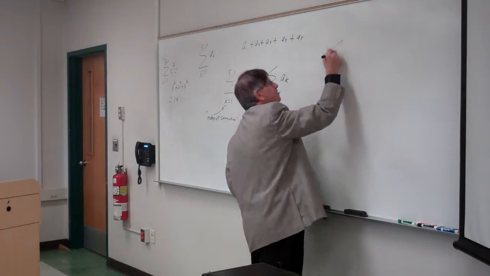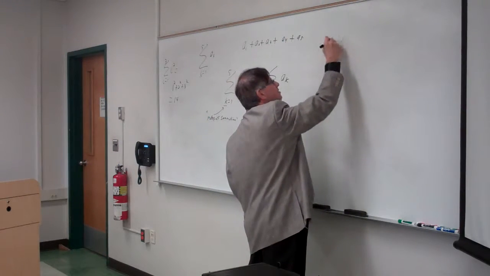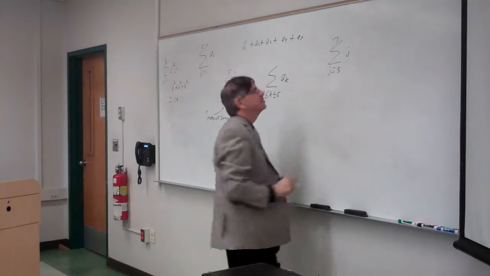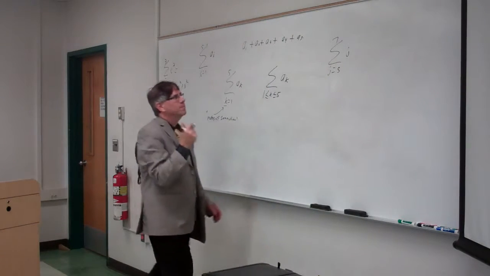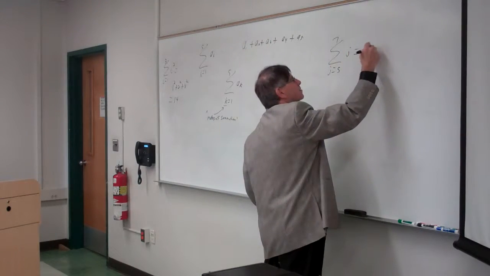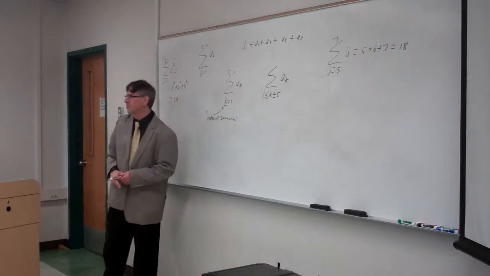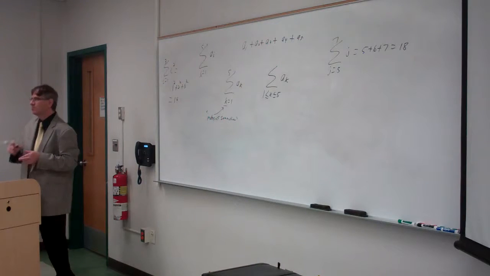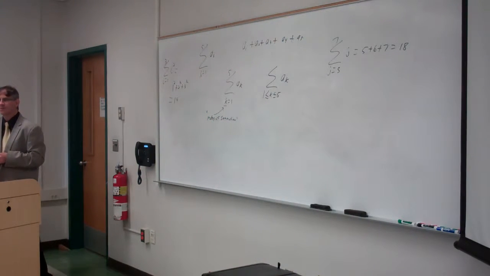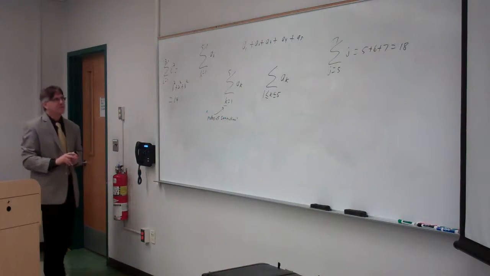We could say, what's the sum from j equals 5 to 7 of j? And that's just 5 plus 6 plus 7, which is 18. Okay, so you're familiar with this notation concept, right? You've encountered it before. Some things to note.